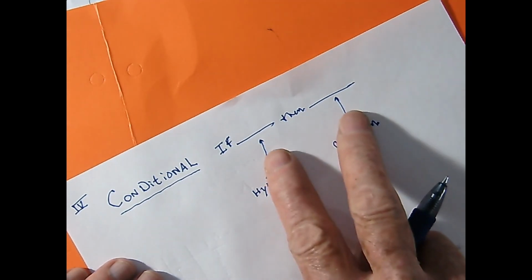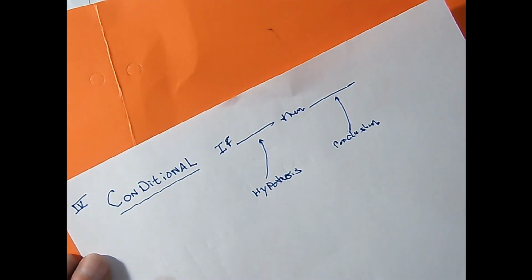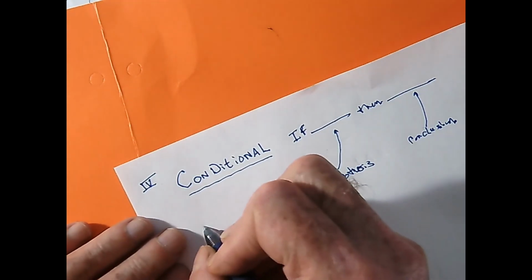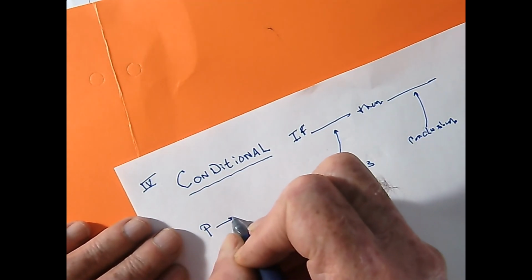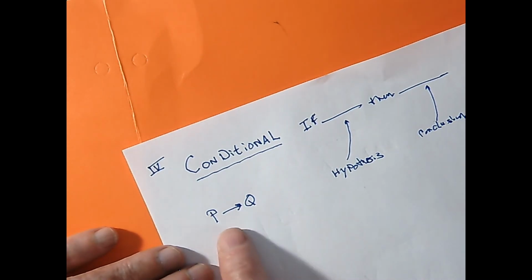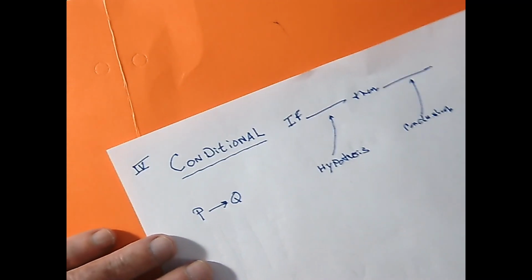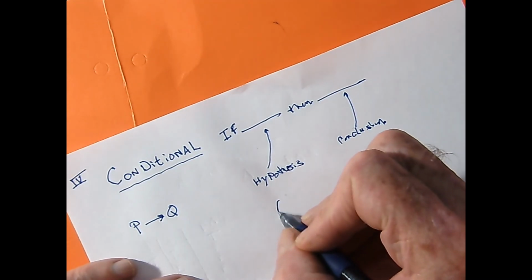We won't write them this way very often. We'll often write them as a symbolic form. And the symbolic form for a conditional looks like this. How would you read this? You'd have to read this if P then Q. Just for practice, let's look at a more complex statement.